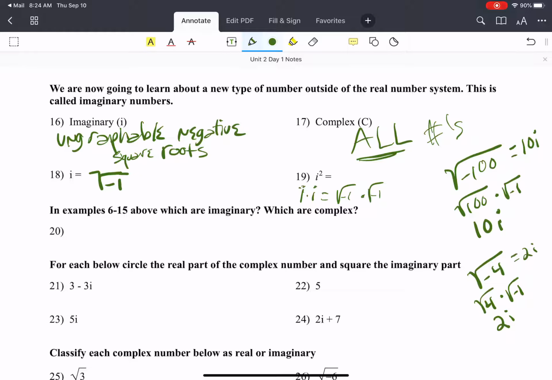I'm going to do the opposite with this and put them together. What is negative 1 times negative 1? Positive 1. And what's the square root of 1? 1. i squared is equal to 1. And we already talked about this: none of them are imaginary, all of them are complex.